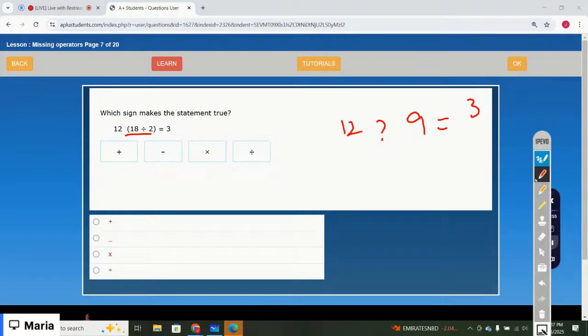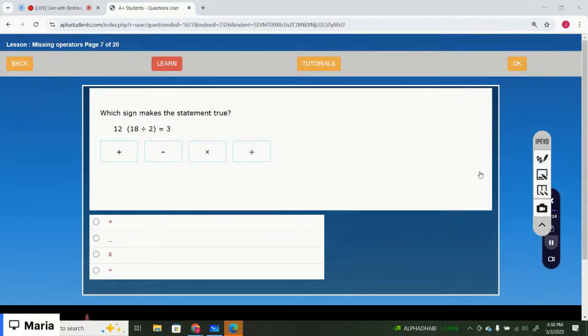Which operation do you have to apply so that you get the answer 3? 12 take away 9 is 3.